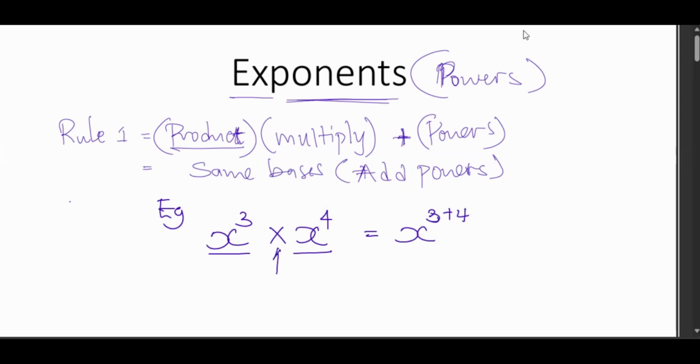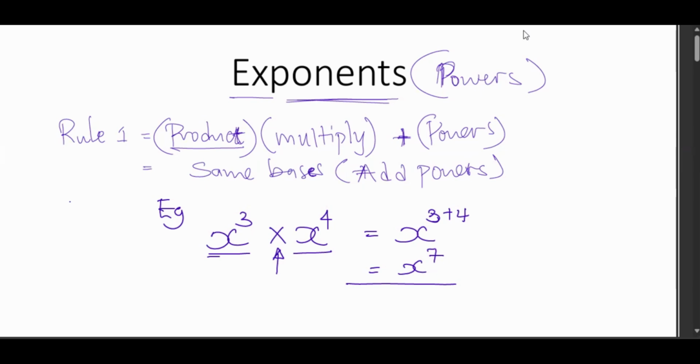Because I have multiplied same bases with different powers. So here, our final answer will become x to the power 7. This is where the law of product, or the one for multiplication, comes in. If you multiply same bases with different powers, you add the powers. That's rule number 1.